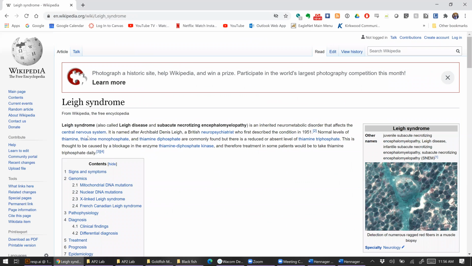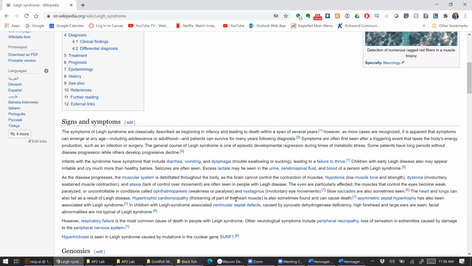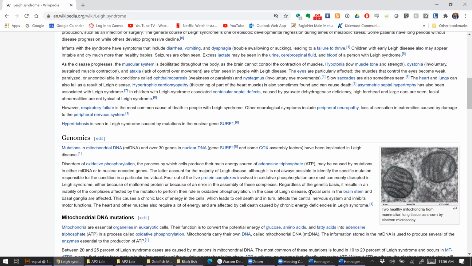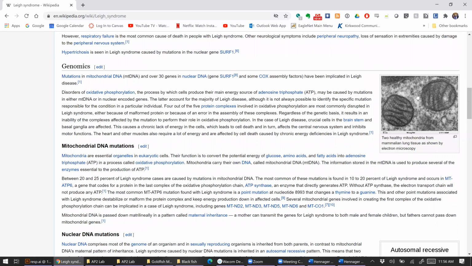I would expect the symptoms to be problems with mental functioning, can't do anything. So disorders of the muscular system, disorders of the brain. But that's a good one for mitochondria.